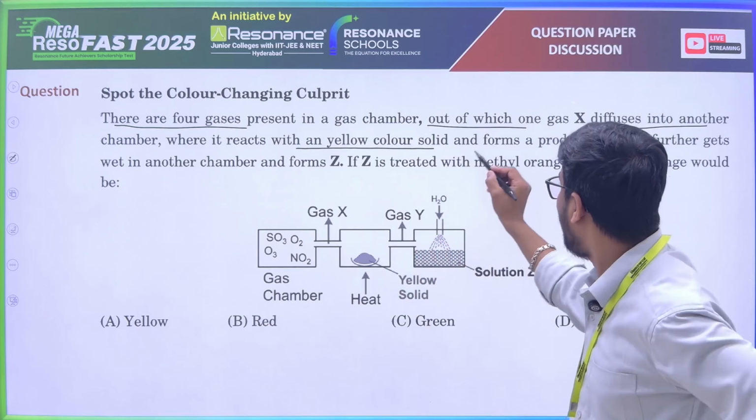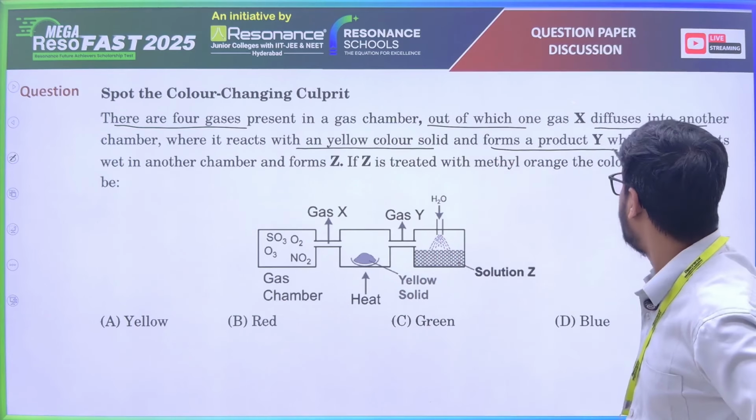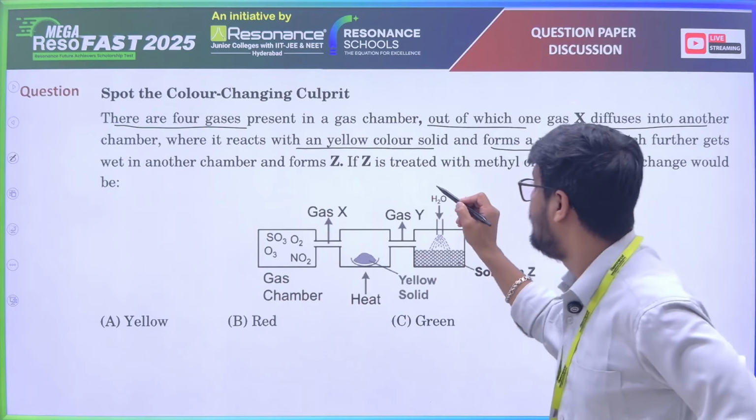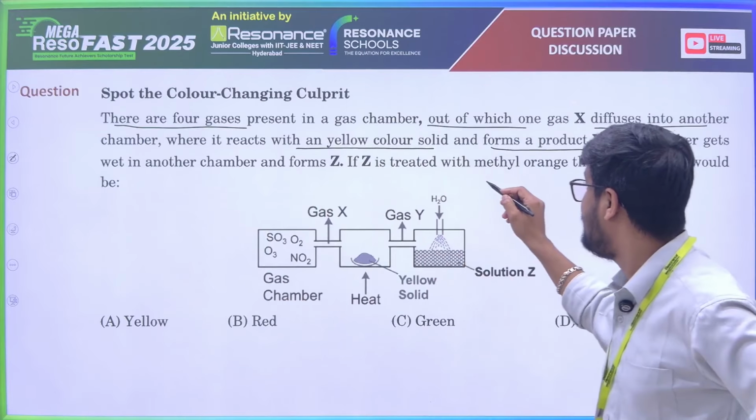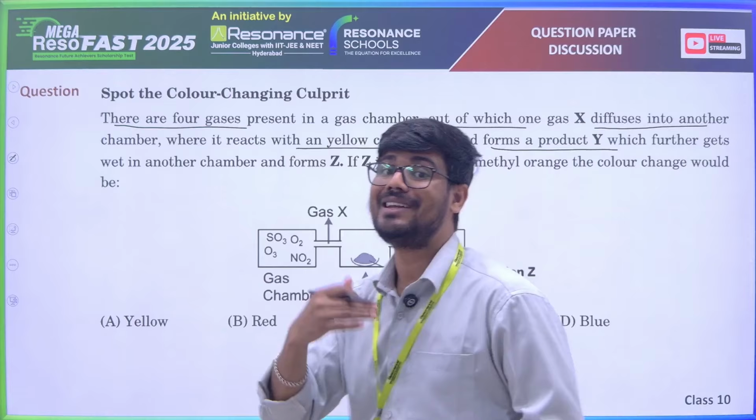Now let's read: it forms a product Y which further gets weighed in another chamber and forms Z. If Z is treated with methyl orange, the final color change would be.